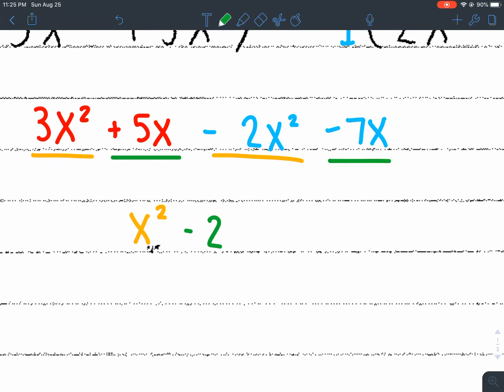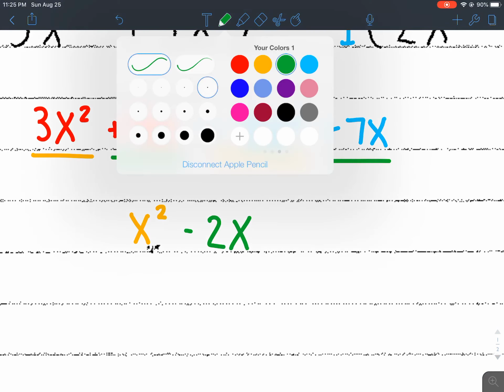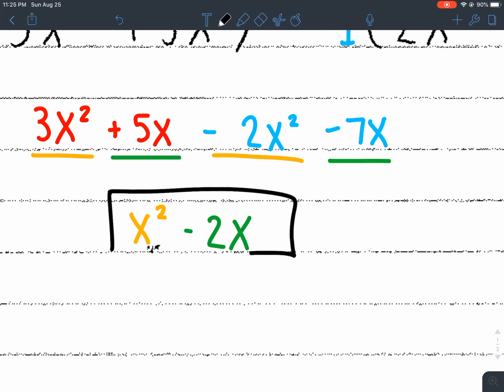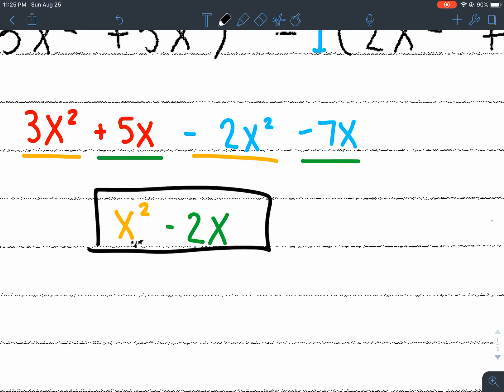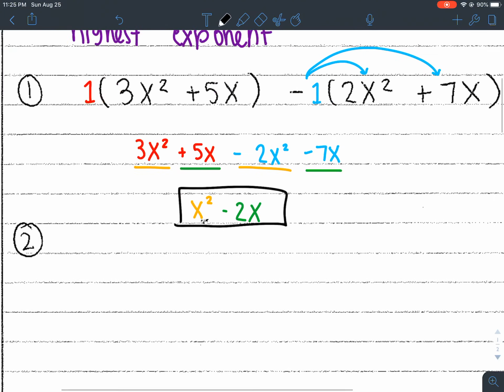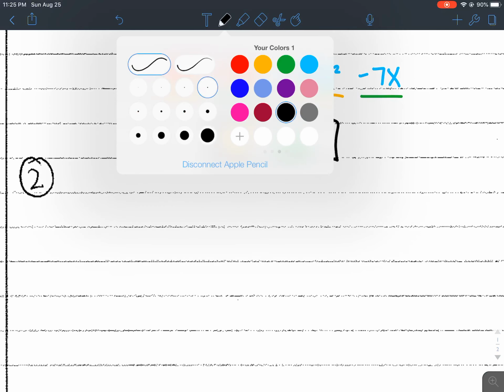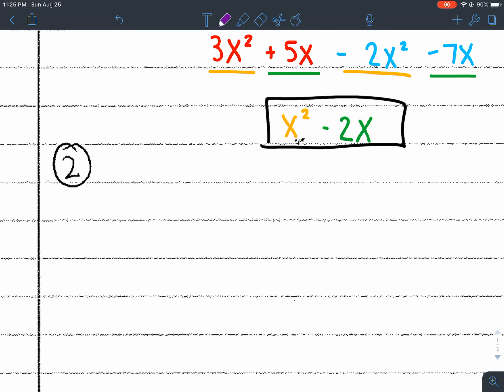That's going to be negative 2x. And that's my final expression here, and it's already in standard form. If you want to practice, this is a second degree binomial because there's two terms and the highest degree is 2.